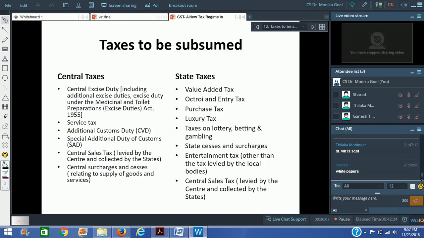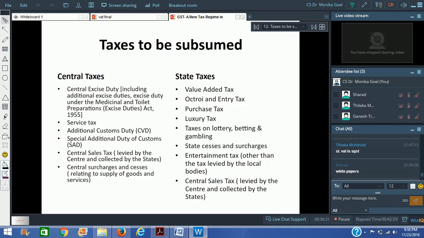Now coming to which taxes are going to be subsumed in GST. At the central level, central excise duty, service tax, additional duty of customs, that is CVD, special additional duty of customs, central sales tax, and central surcharges and cesses will now be renamed as CGST.